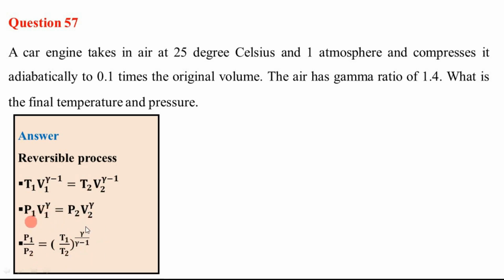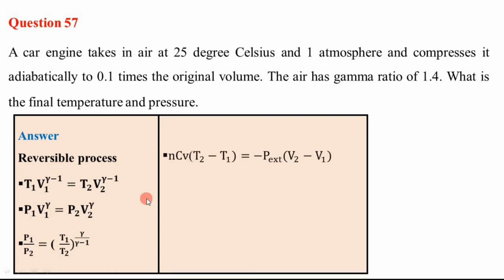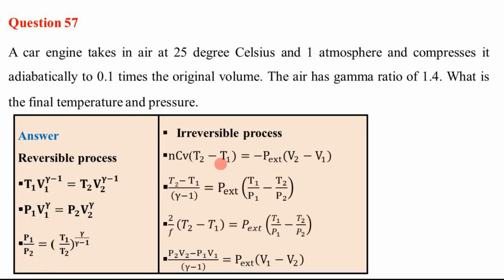The first one is used to calculate the final temperature for the reversible process. For an irreversible process, you can use these formulas: this one or this one to calculate the final temperature, or the last one to calculate the final pressure.